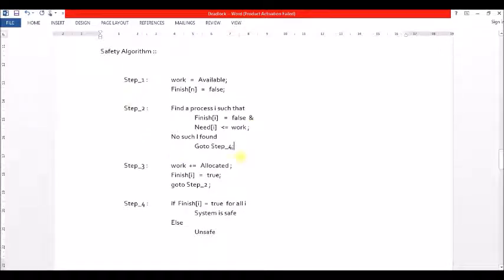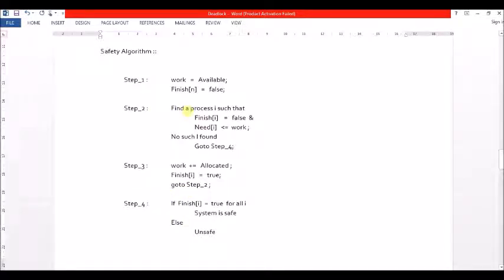Why do we write this step? Think about the previous example. After providing a loan to our last customer Smith, he returns all the money back to the bank. At that time, the available money equals 50,000 and we change his status to successfully completed. But as per the safety algorithm, we again go to step 2 and check whether any new customer is requesting money.